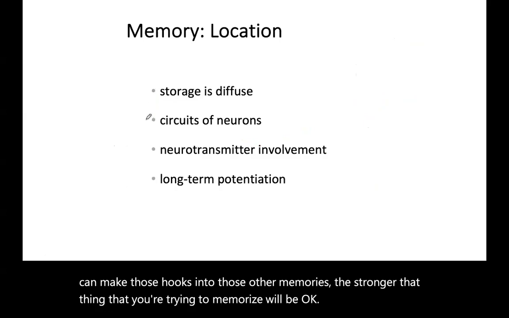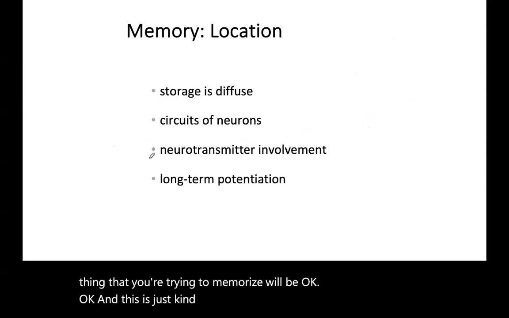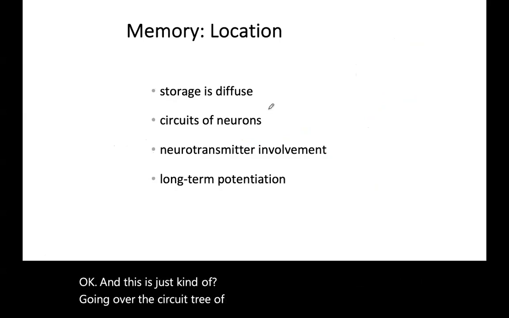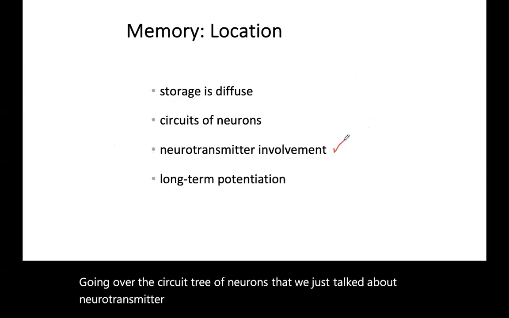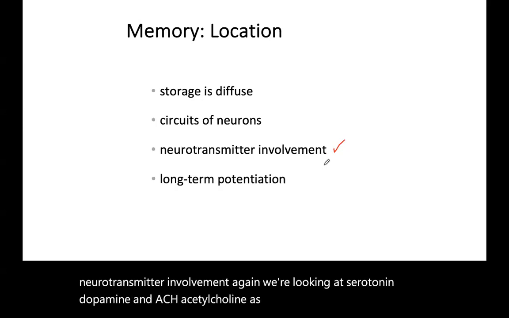Okay, and this is just kind of going over the circuitry of neurons that we just talked about. Neurotransmitter involvement. Again, we're looking at serotonin, dopamine, and ACH, acetylcholine, as playing major roles in those areas.